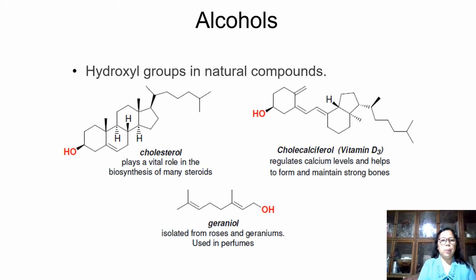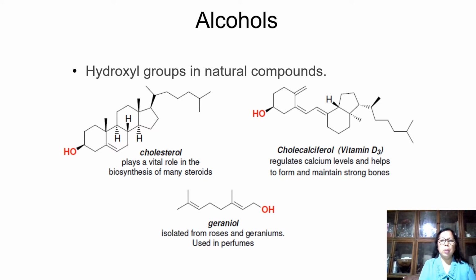So this is the formula of the cholesterol present in your fats with the OH, the hydroxyl containing group. And then you have here cholecalciferol. This is vitamin D3. It regulates the calcium level, or it helps in the maintenance of strong bones. So this is the R group, and there is the functional OH group.